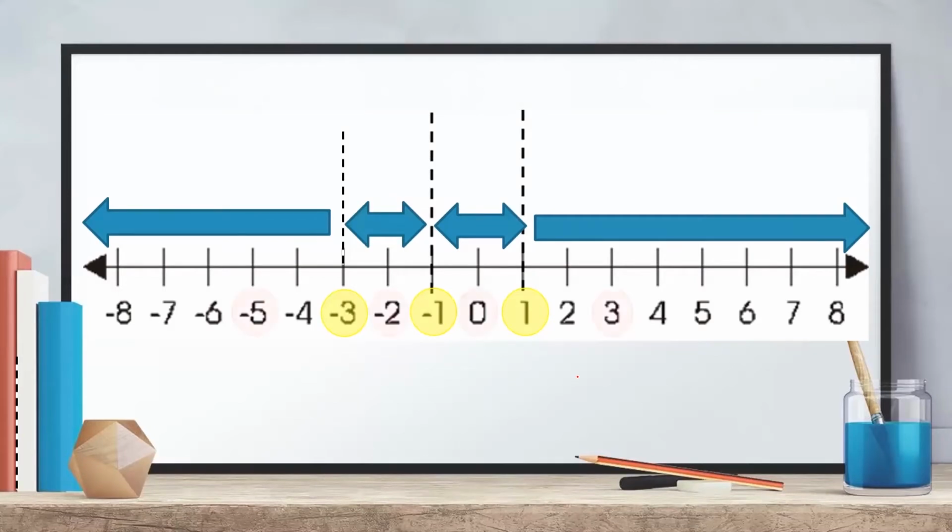Say we have, for the first interval, -5, for the second interval, -2, for the third interval, 0, and for the fourth interval, 3. Just like what we did on our first example, we will substitute these values to our given rational inequality and determine which among them will satisfy the given.